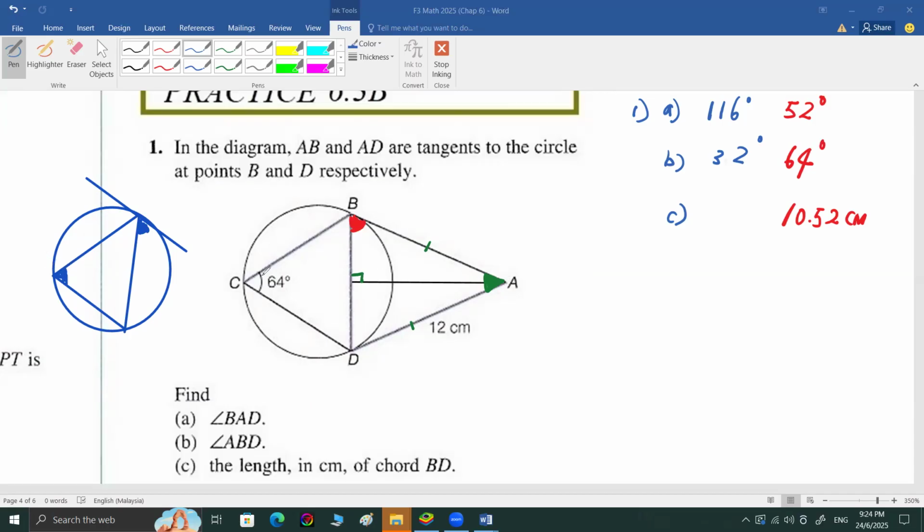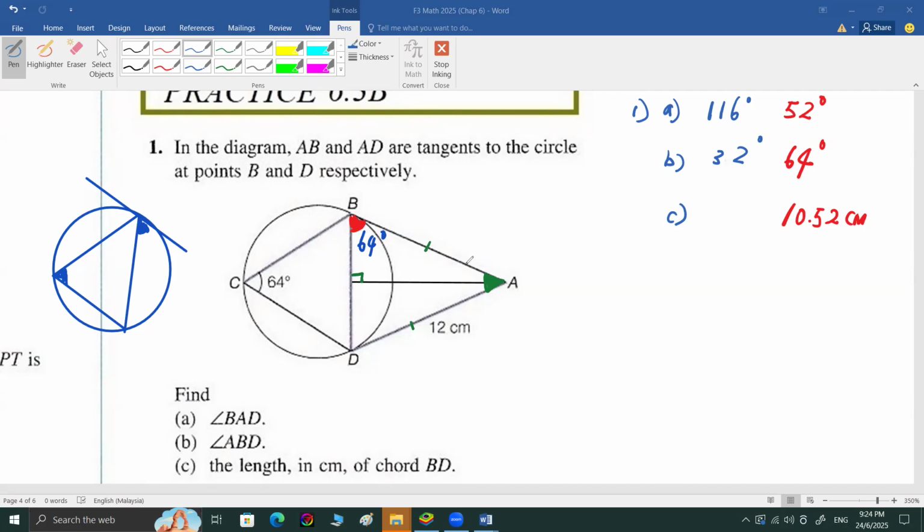So the 64 is here too. And you know this is an isosceles triangle, right? Why do I know this is isosceles? Common tangent. That's why I said if it's a common tangent, these two will be the same, okay? Got it?